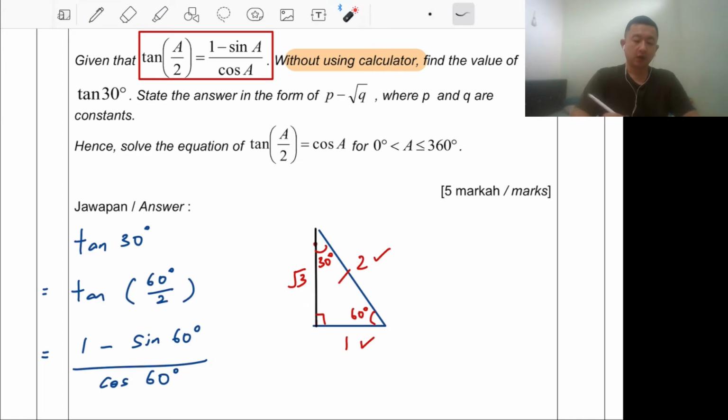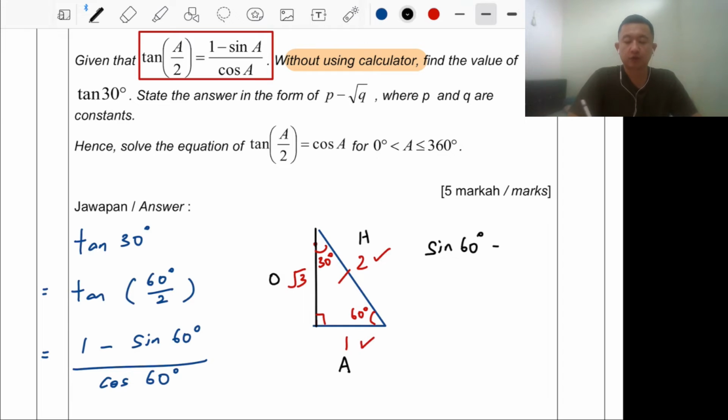Okay, now I want to figure out sine 60. So the 60 angle is here. Label OAH. This is my O. This is my A. This is my H. So sine 60 equals to O over H. Then cos 60 will be equal to 1 over 2.